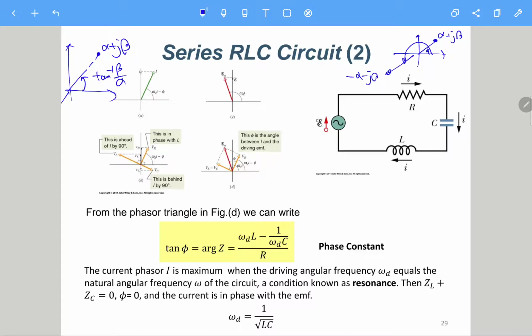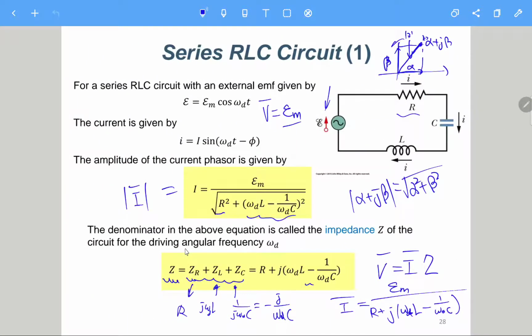This is theta, this is theta plus pi, and tangent theta is the same as tangent of theta plus pi, so we don't really know whether it is this one or that one. So in that case, I just express it as tangent phi. Tangent phi is actually this one.